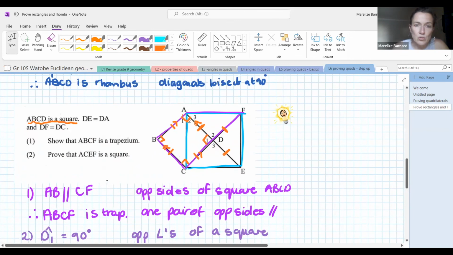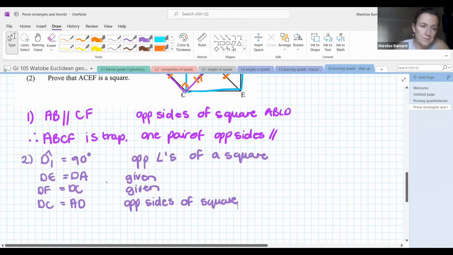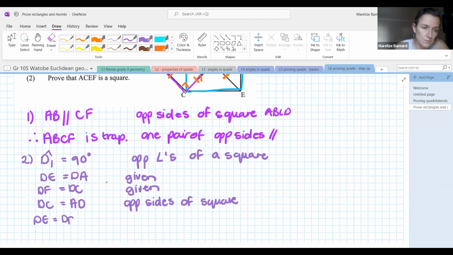DE equal to AD equal to DF equal to CD. And therefore, that is a square. ACEF is a square.